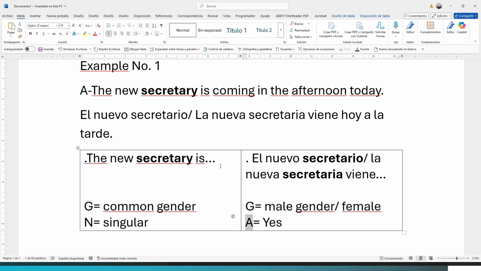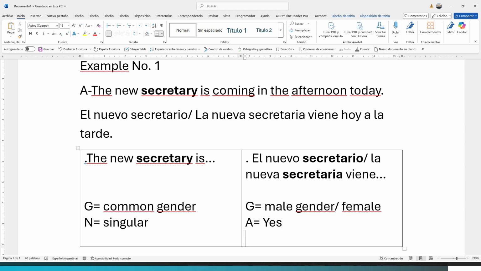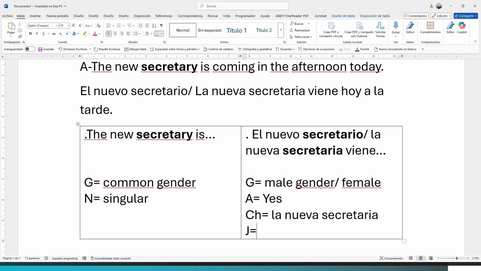So, we have ambiguity. Yes. This A means ambiguity, right? And how would you disambiguate this information, and how would you justify your choice? Well, the choice will be la nueva secretaria. Why justification? Because we are going to decide it from the cultural imagery, that is el acervo, el imaginario cultural.